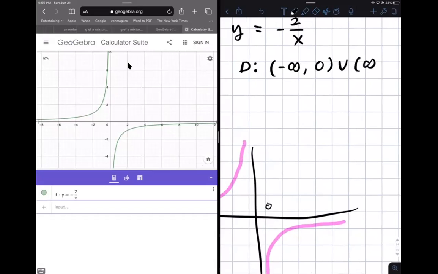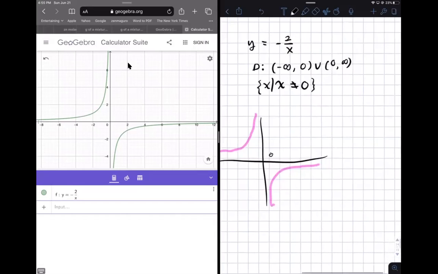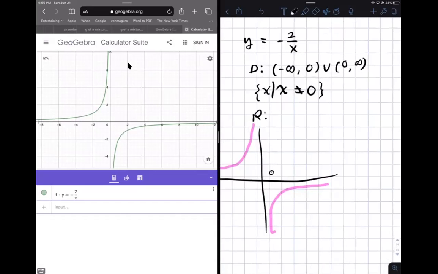In other words, the more simple way to write it is just x cannot equal 0. Thanks. No problem. And then of course the range is going to be the same thing because it can't be 0. Or we can write it like this, y cannot equal 0.